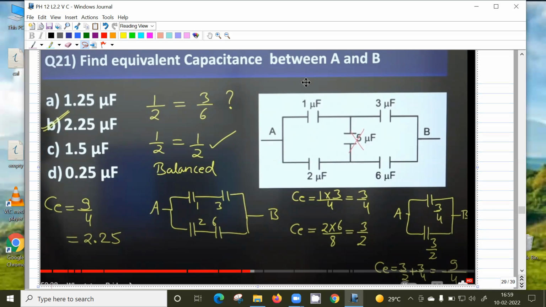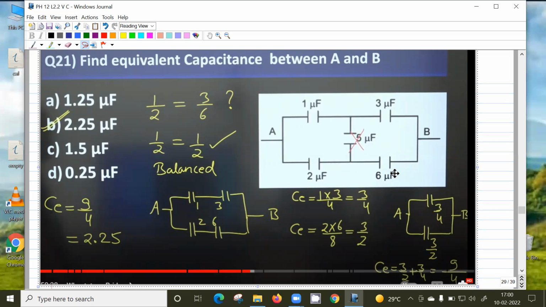So this is a Wheatstone bridge, and it's a balanced Wheatstone bridge because 1/3 is the same as 2/6.